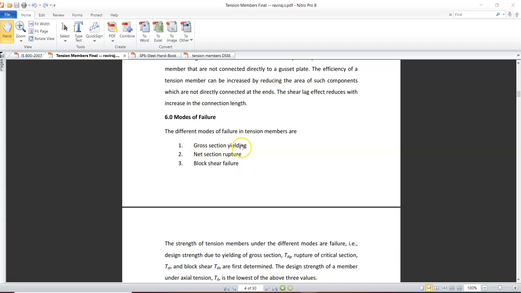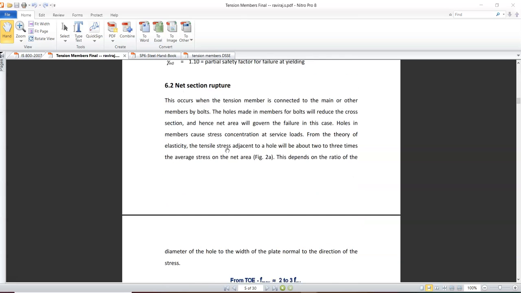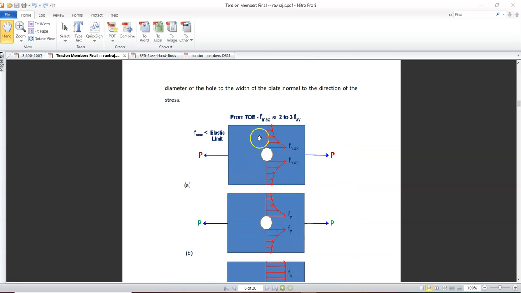The gross section yielding means, referring to the figure below, this will be the gross section, that is the section away from the connection. Once the gross section area reaches yield stress, that is Fy, your tension member is assumed to have failed.